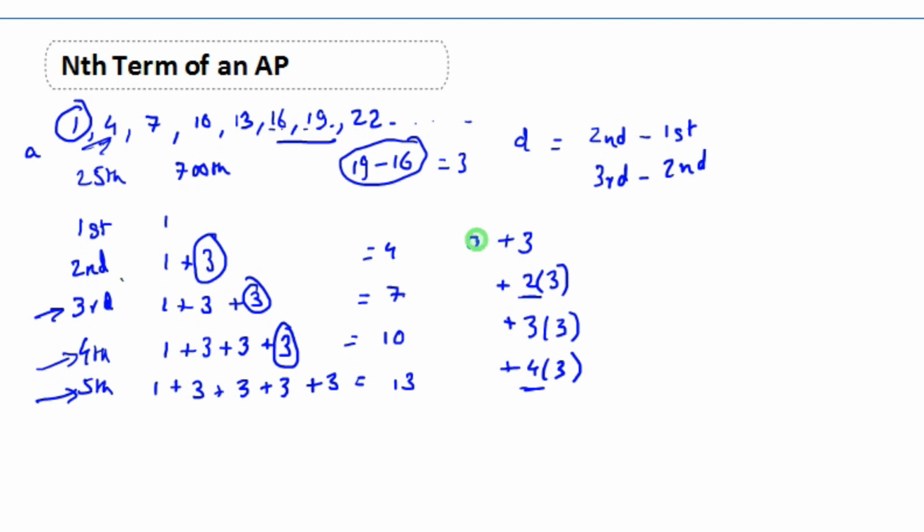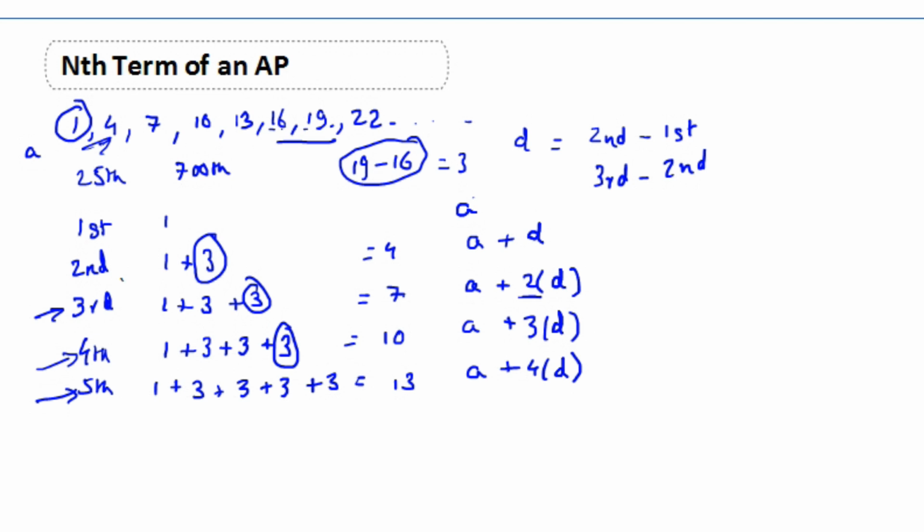I replace this by A, this by A, this by A, this by A, and let me replace all the 3's by D. So I've got A in the beginning, the first term, then A plus D, and then A plus 2D, A plus 3D, and A plus 4D.